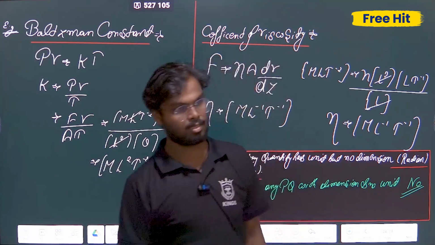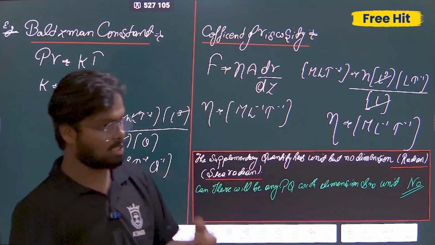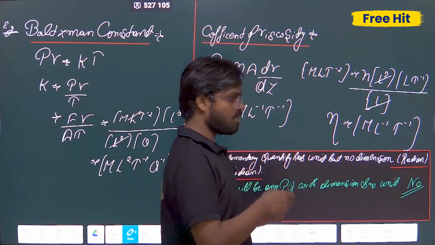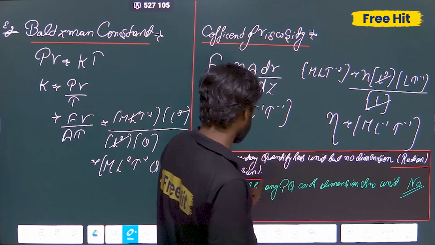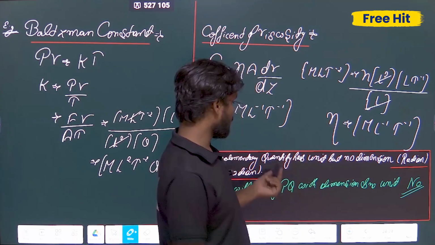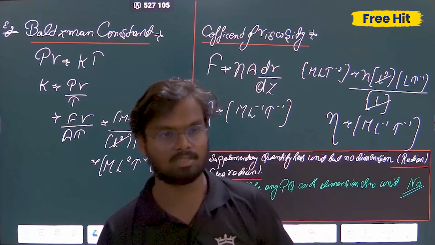If it has a dimension, then it should have a unit also, that is necessary. But it is possible that some physical quantities have a unit but no dimension. Let me say it in simple language.